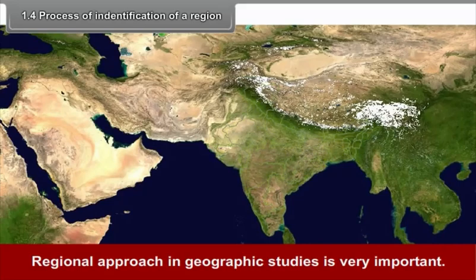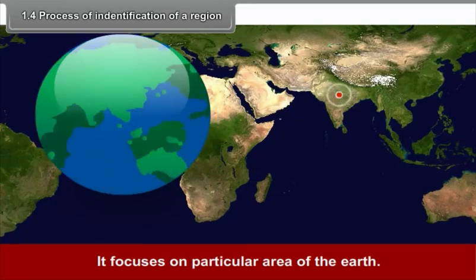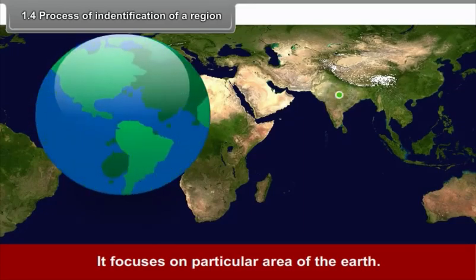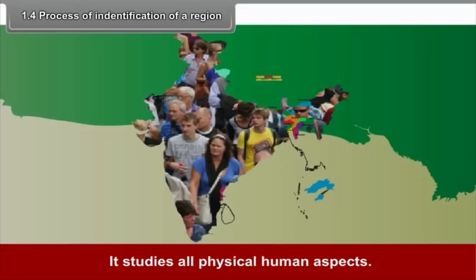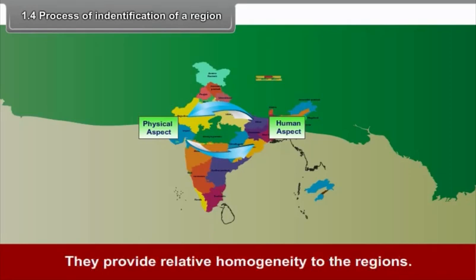Regional approach in geographical studies is very important. It focuses on a particular area of the earth. It studies all physical and human aspects. These aspects interact with each other and work in unison.